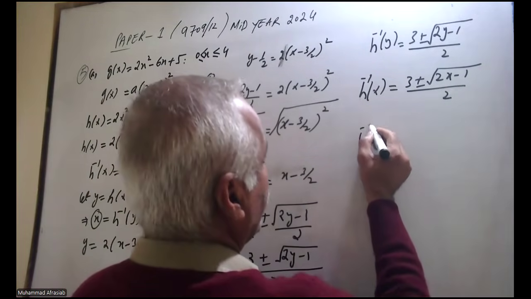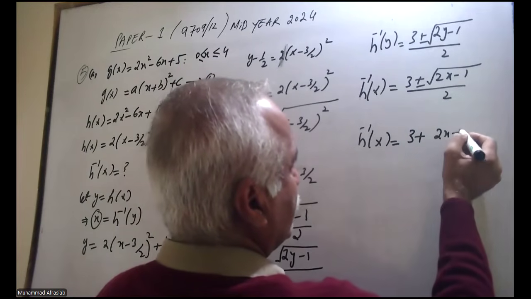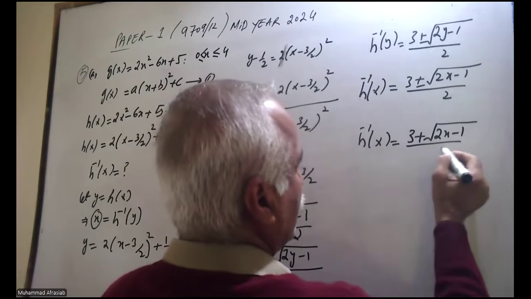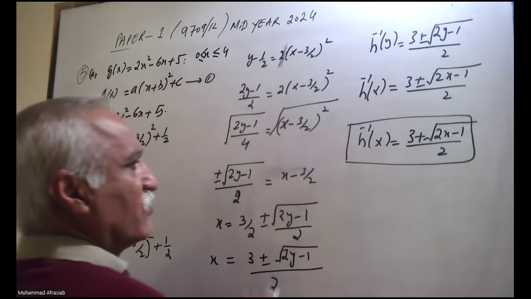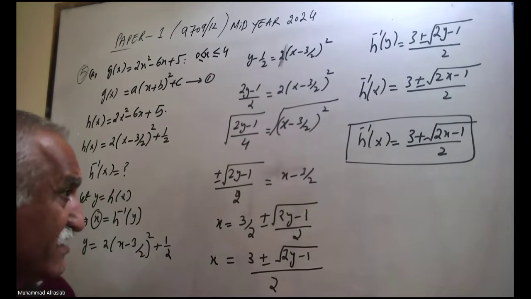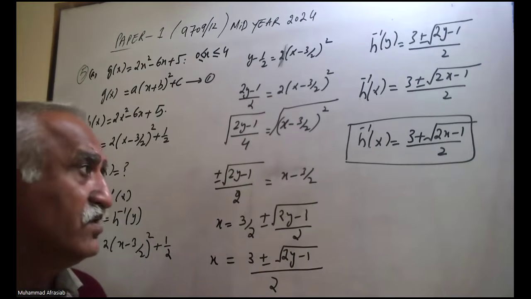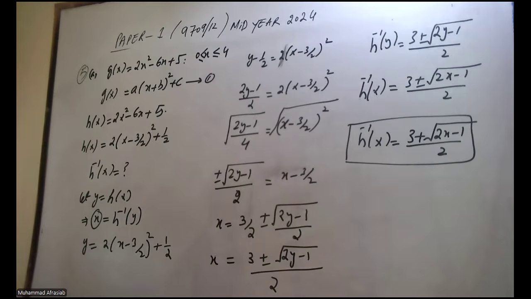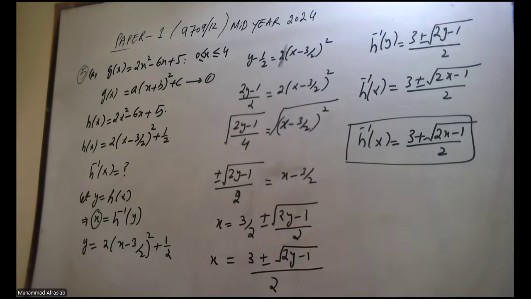So h inverse of x will be equal to (3 + √(2x − 1))/2. We will ignore the negative sign because it is before the turning point of this graph. The inverse only lies either after the turning point or before the turning point. Since it is after the turning point, it should be plus there. So that is why we have written h inverse of x is equal to (3 + √(2x − 1))/2.